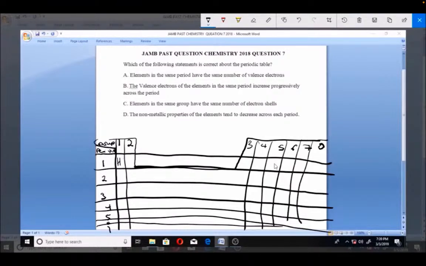So you have hydrogen there. Then in period 2 you have lithium and beryllium. Whereas on this other side you have boron. Then under group 4 we have carbon, nitrogen, oxygen, fluorine, and neon.